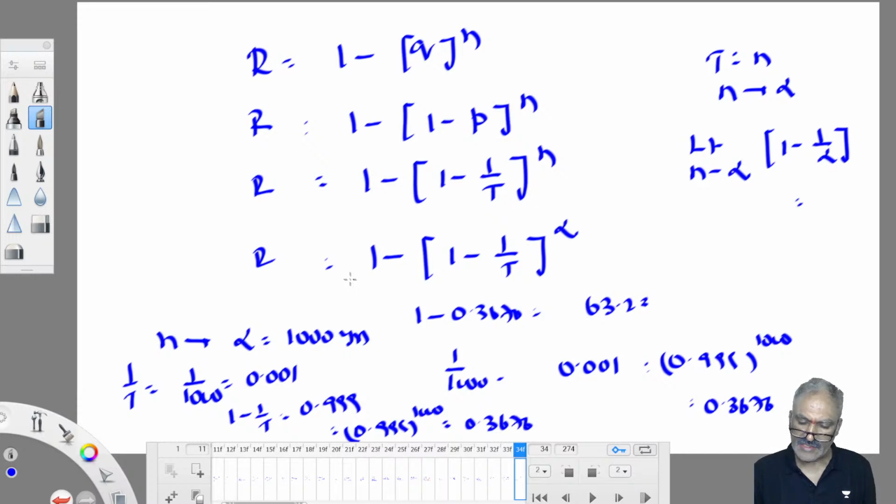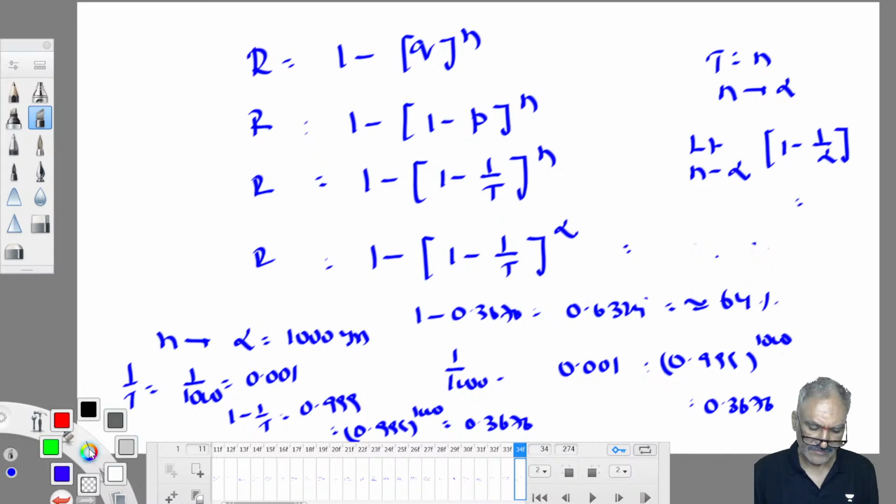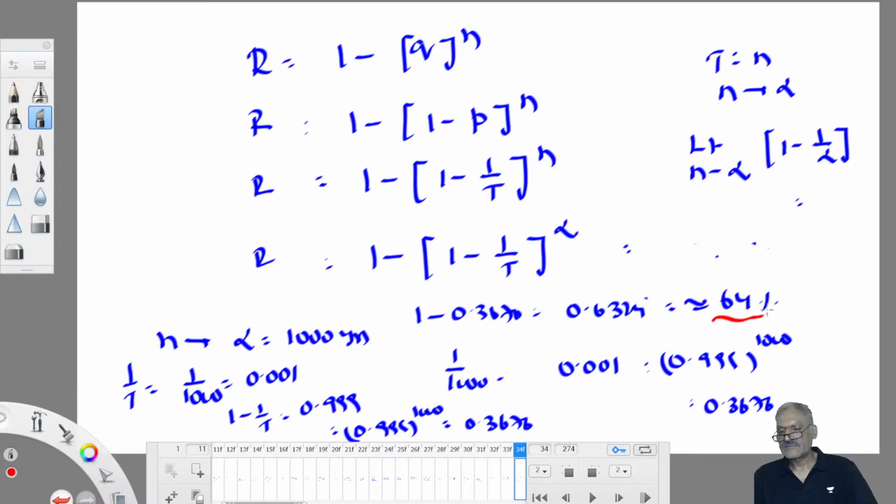So 1 minus 0.3676 is, how much is it? Approximate solution I am giving, not exact solution. 0.6324 it is. So roughly 63%. You can round it to 64% or 63%. That's how you can work out.